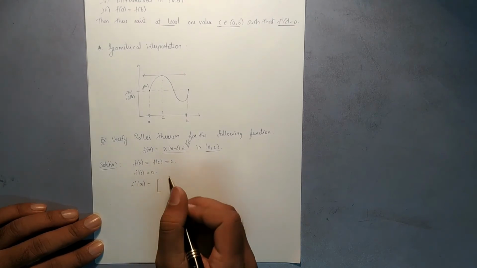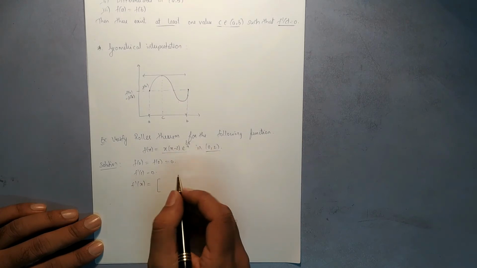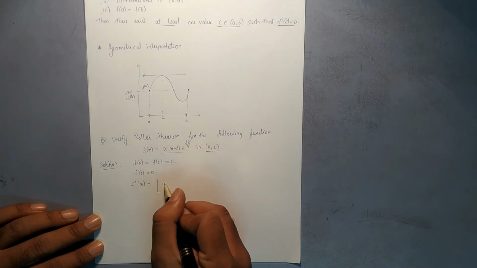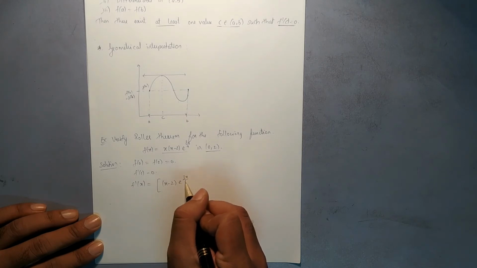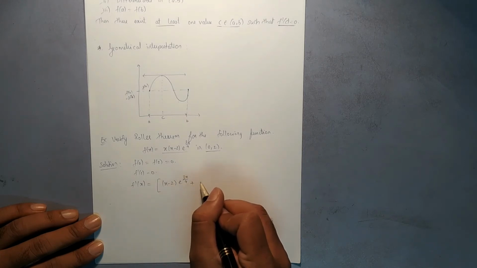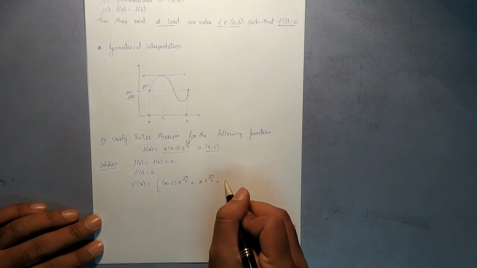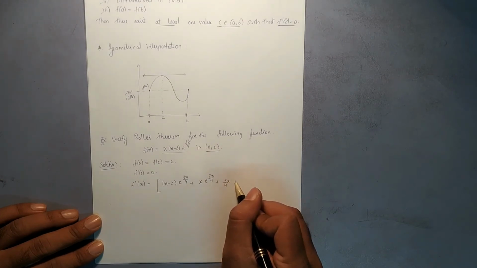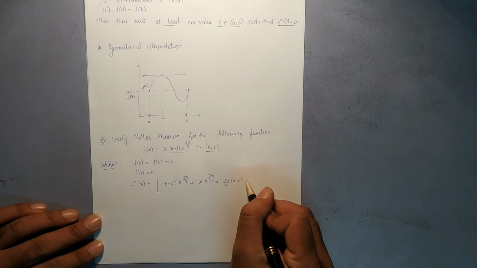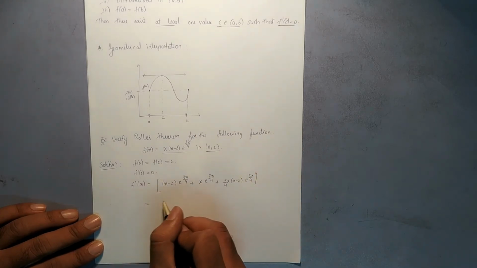When differentiating, we have to use the product rule for three functions. So we get (x minus 2) into e raised to 3x upon 4 plus x into e raised to 3x upon 4 plus 3 by 4 x into (x minus 2) into e raised to 3x upon 4.